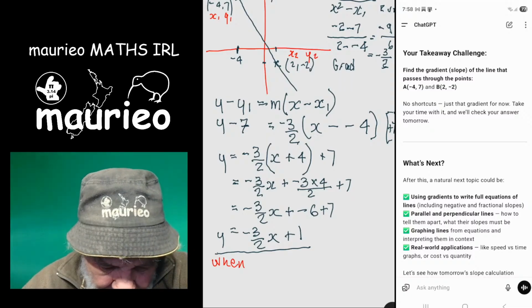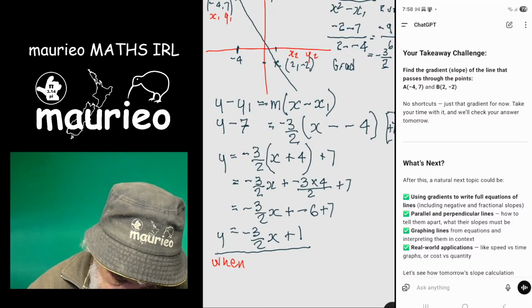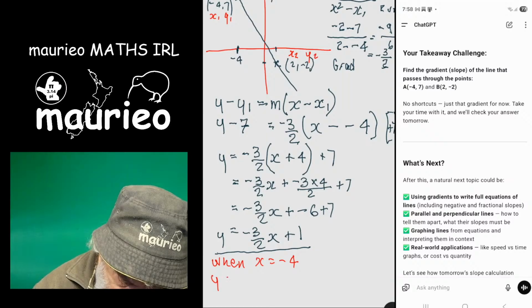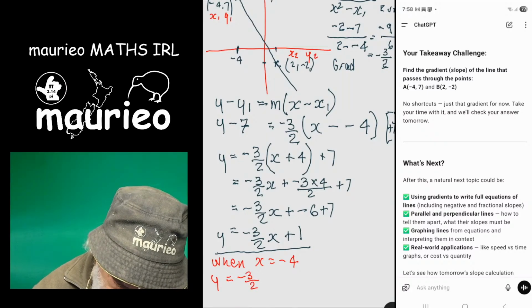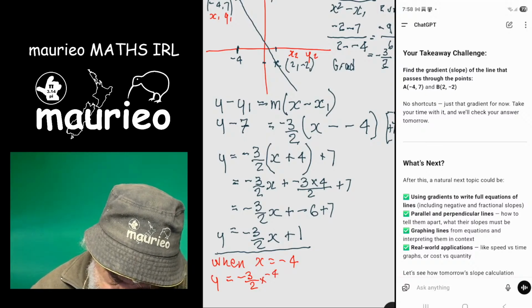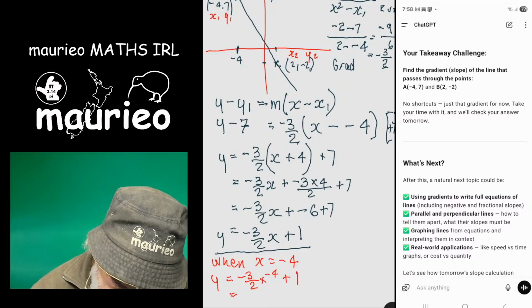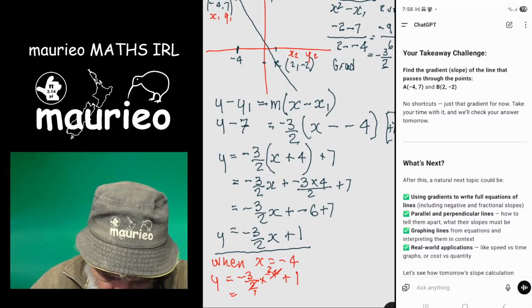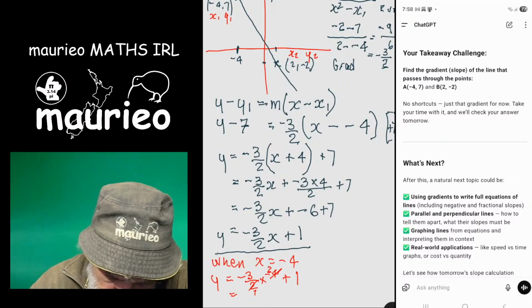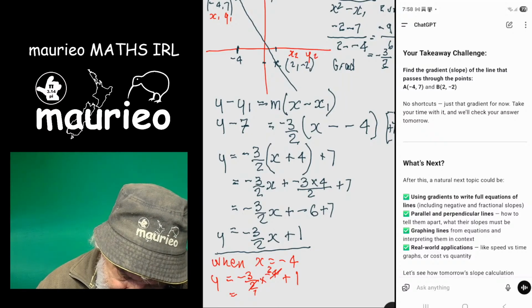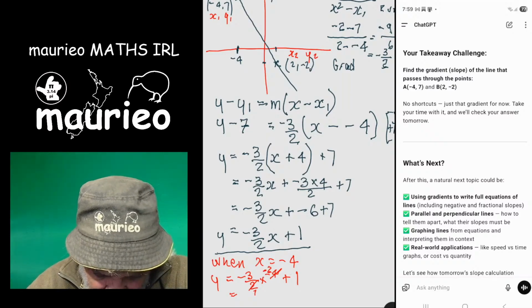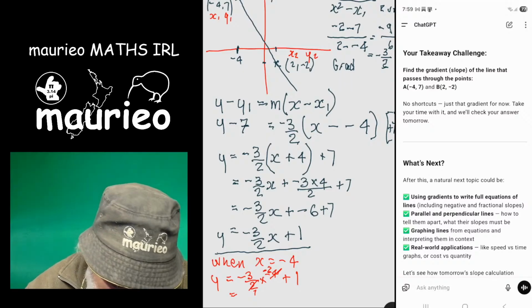So when x equals negative 4, y equals negative 3 over 2 times negative 4 plus 1. Now that there would be 1, and that there would be 2, or that would become negative 2. So negative 3 times negative 2 is 6, plus 1 is 7.